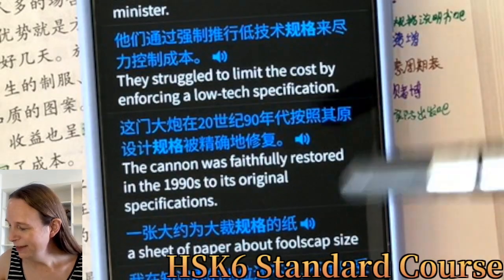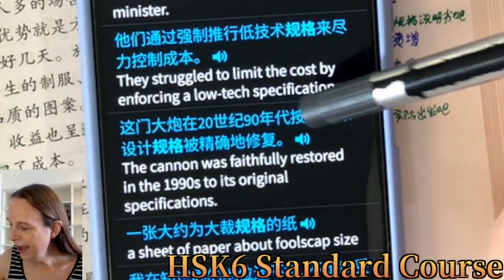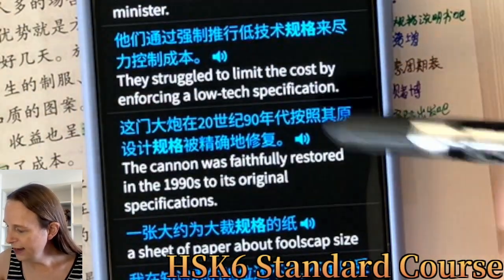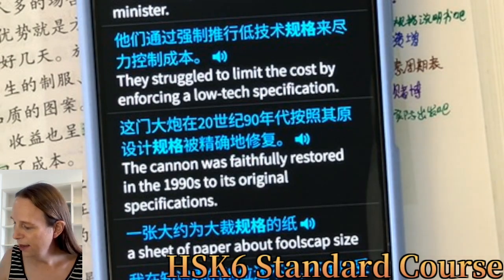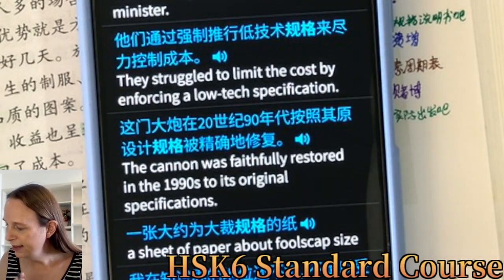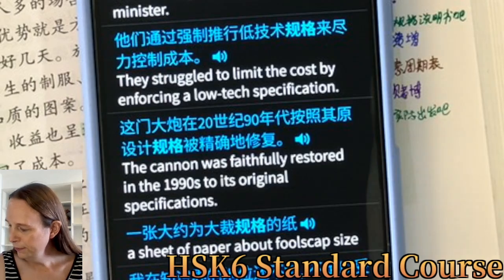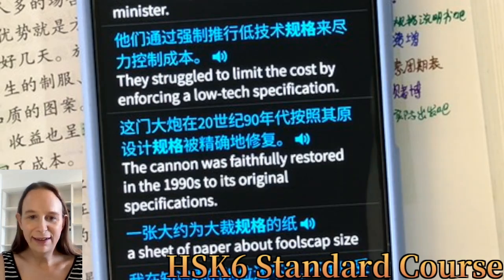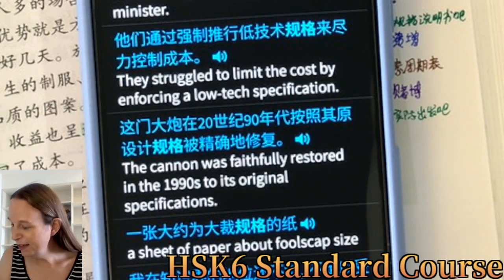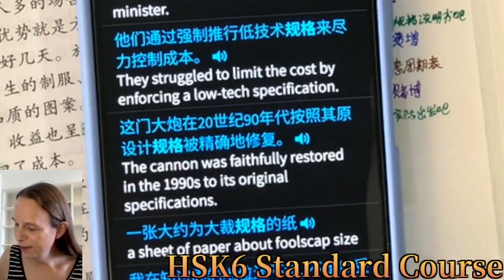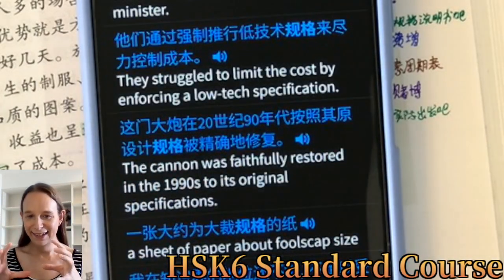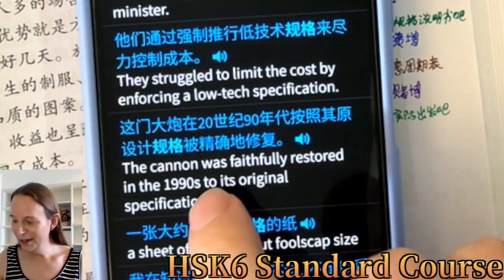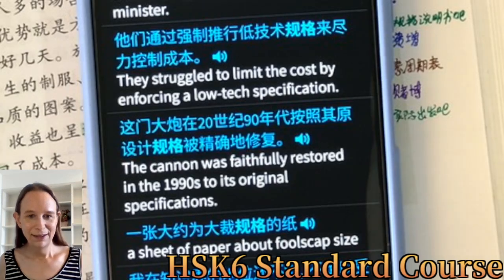20世纪90年代按照其原设计规格被精确的修复。Okay, so here it's more like design standards or specifications. Design specifications. Okay, so this cannon from the 1990s.